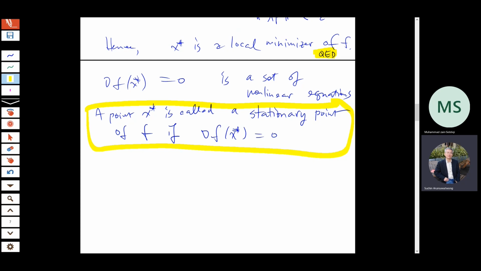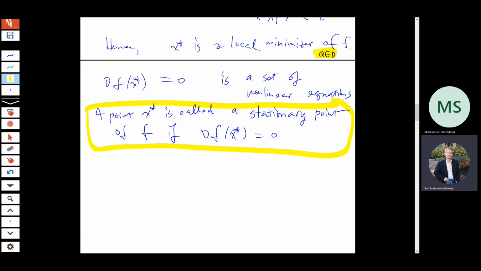Once we have a solution, what we do is test whether this point is really a minimum point, using the second order sufficient condition or second order necessary condition. If the H matrix at that point is not positive semi-definite, then we can conclude straight away that that is not a local minimizer, right?